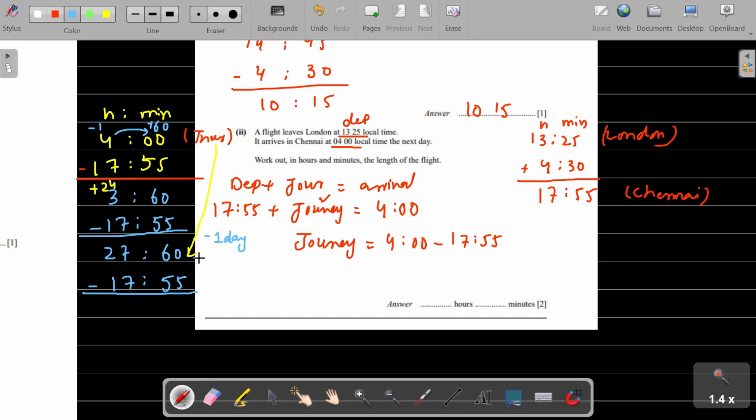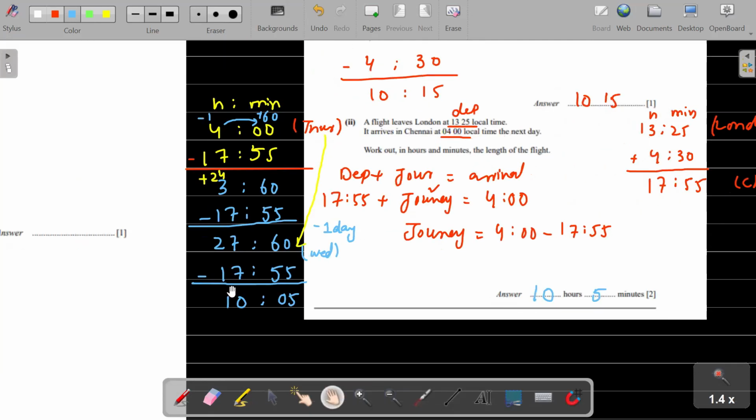It will become Wednesday. Okay. So here my day will be Wednesday. And let's do the subtraction. It's going to be 5 and it will be 10 over here. So it means that it has taken 10 hours and 5 minutes. That is the time which it has taken.